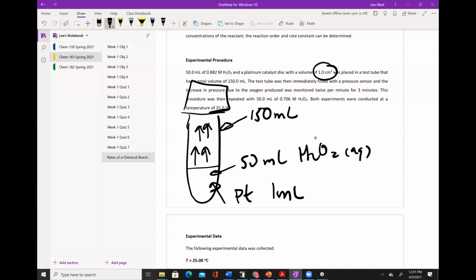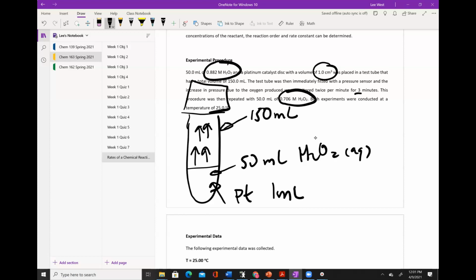What I'm going to do is measure the pressure twice per minute. That means every 30 seconds for 3 minutes, so I'm going to get 6 measurements. I'm going to do this for one concentration of H2O2, and then for a second, lower concentration of H2O2.